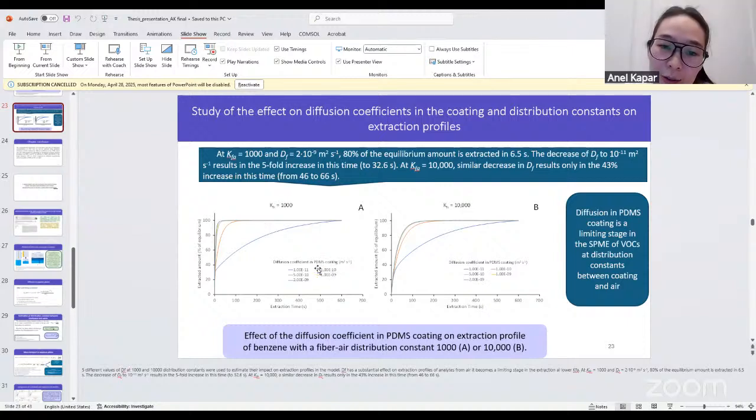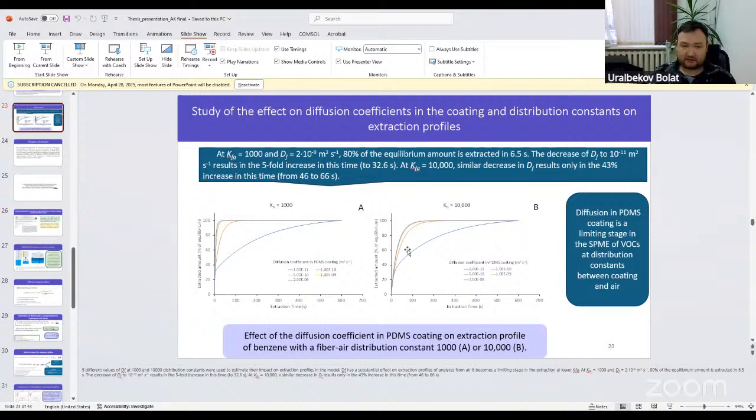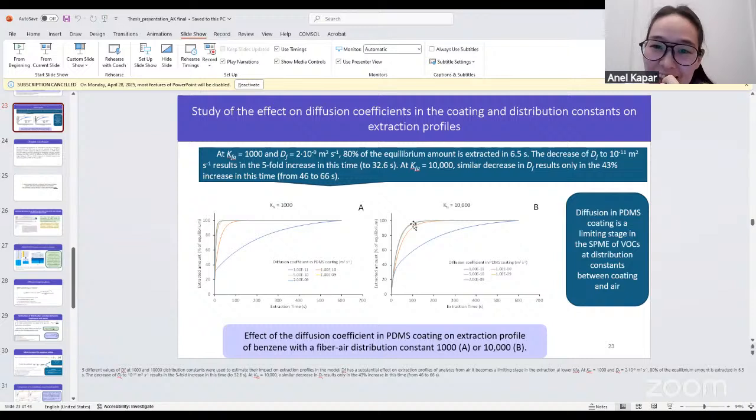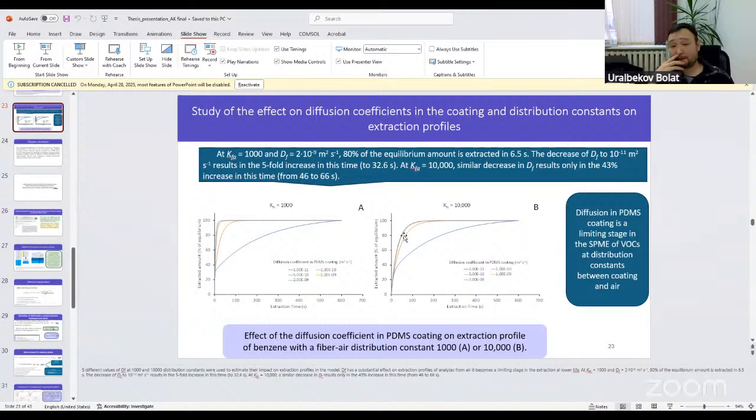Когда уменьшение диффузии на 1-10 степени идет 5-кратный рост, увеличения. Вот, а, понятно. Когда 10 тысяч, разница при таких же параметрах... Давайте once more again, let's read your statement once more again.